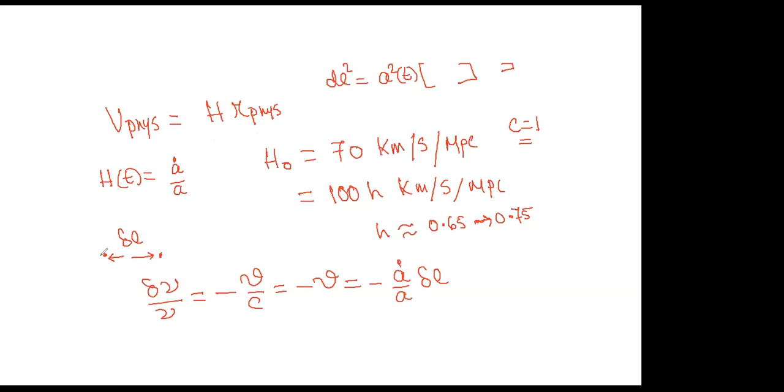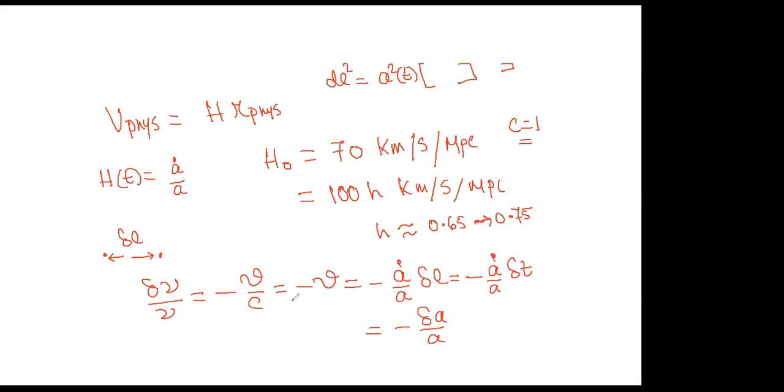If the time it takes is delta t, the distance is c into delta t, and I am putting c equal to 1. So in my units this is minus a dot by a into delta t, which is minus delta a by a, because a dot is da by dt.